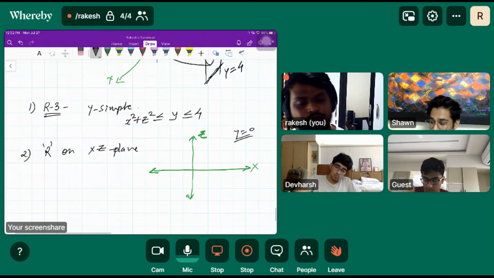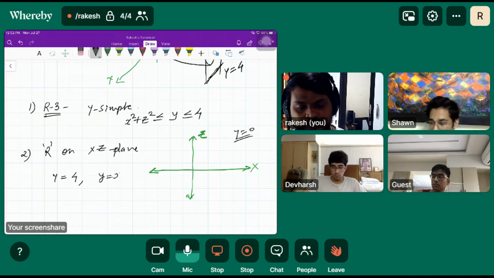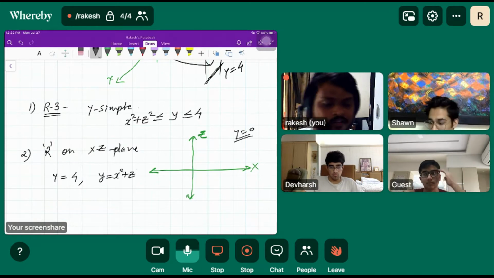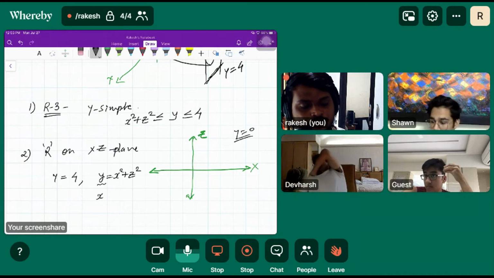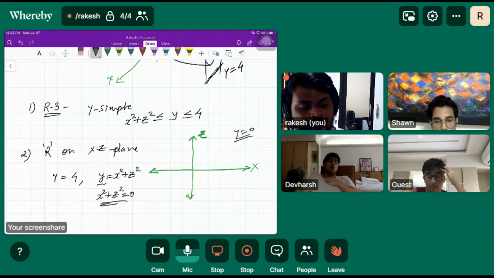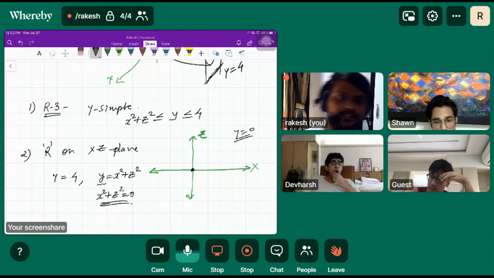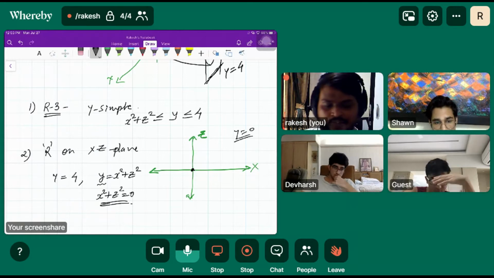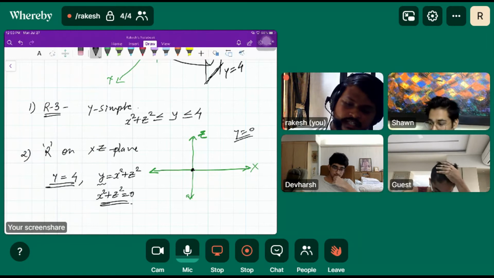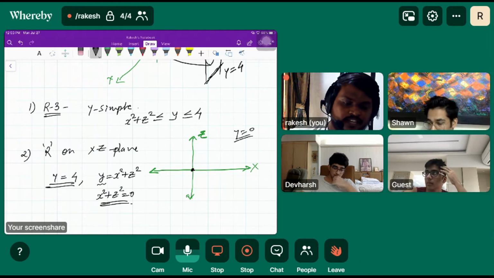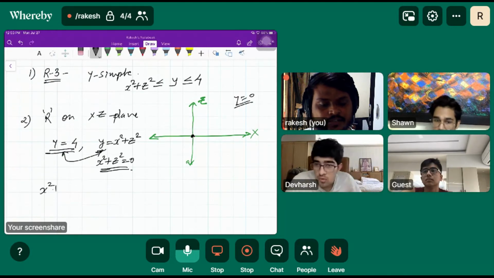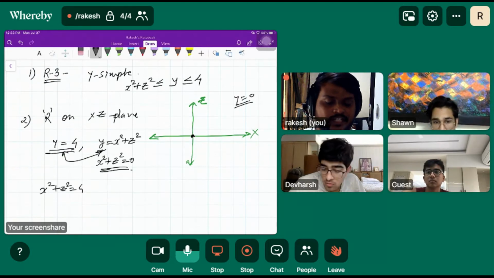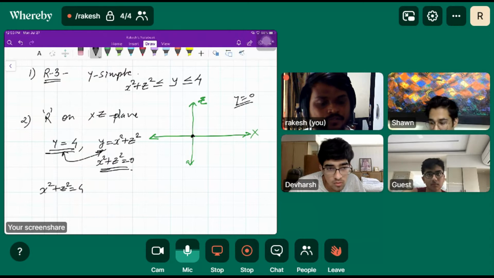We are given two equations, y is equal to 4 and y is equal to x square plus z square. If we are on the xz plane, y is equal to 0, so x square plus z square is equal to 0, which is just a point, the origin. And y is equal to 4: if you find the level curve by equating them, x square plus z square is equal to 4, which is basically a circle whose radius is 2.